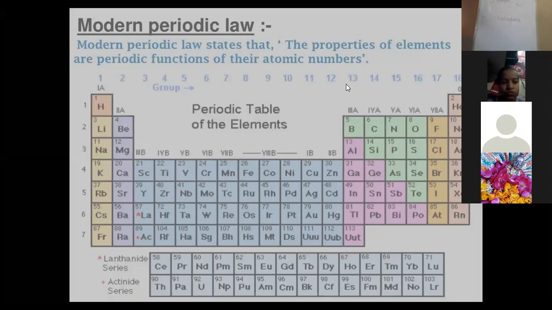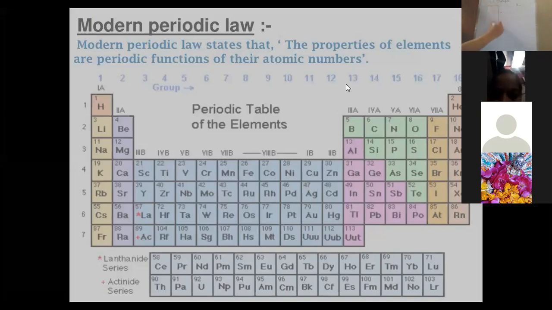You can see that although hydrogen has been placed in group number 1, through the color scheme it has been separated from group number 1 also.